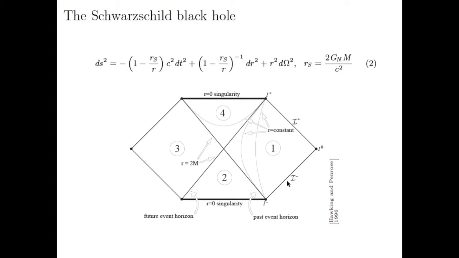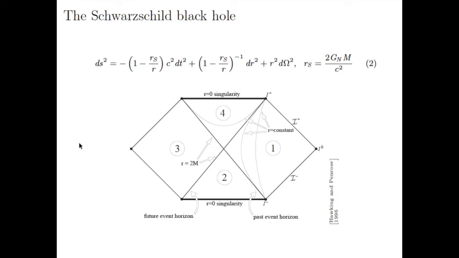You have this infinity structure here with null infinities, which is characteristic for an asymptotically flat spacetime, as I said, and you have these diagonal lines, which are the event horizons. So there's essentially only one event horizon here. And you have these two universes that cannot be traveled between by a causal observer. That's the Schwarzschild black hole.